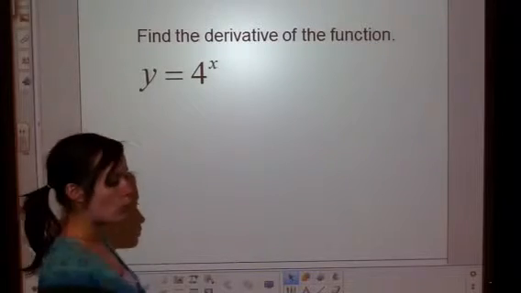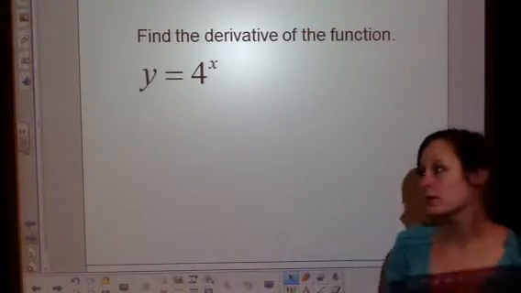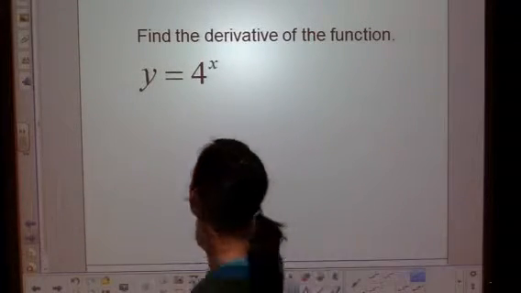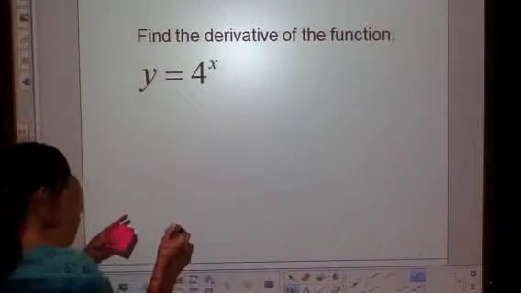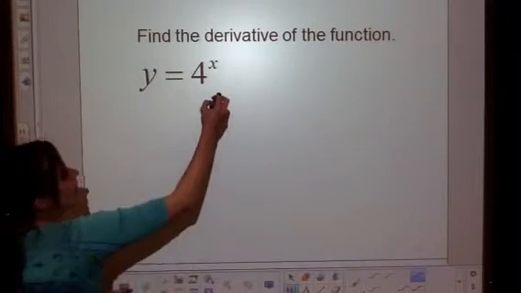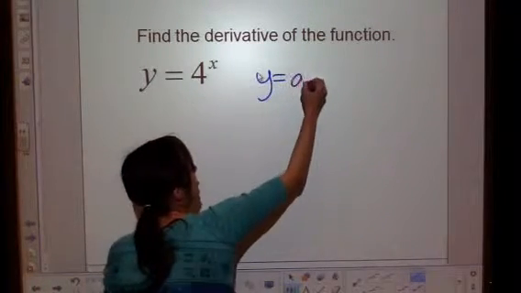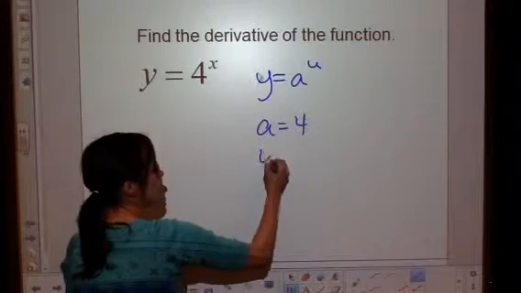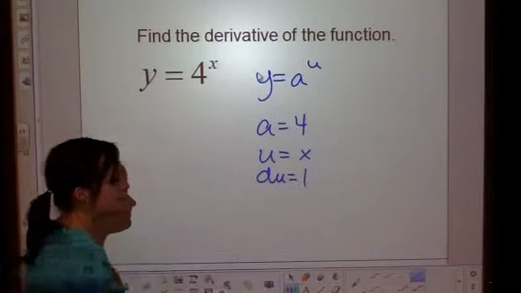So here we have 4 to the x. If we look at those 3 properties that we just wrote down, this would fall under the exponential equation category since x is an exponent, hence exponential. So we're going to follow that first rule. I'm going to label what a and u are. a is 4 and u is x, so du is 1.